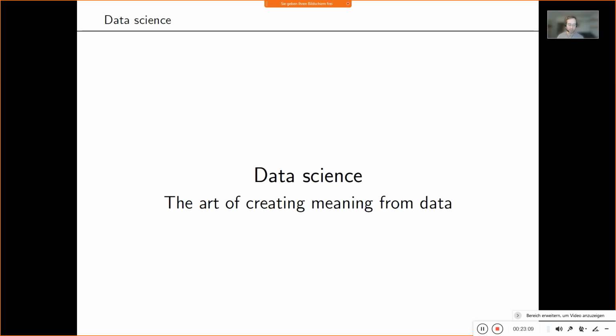It's an art, so for me science and arts are the same thing. It's just different rules that apply, and it's about creating meaning, because data without data science is just, if you want, bits stored on a computer, but that doesn't mean anything to humans per se.